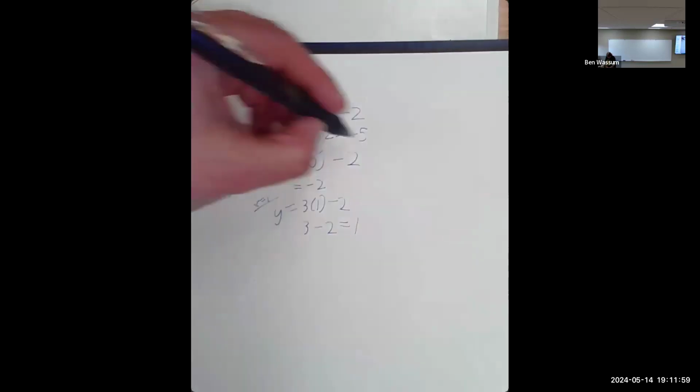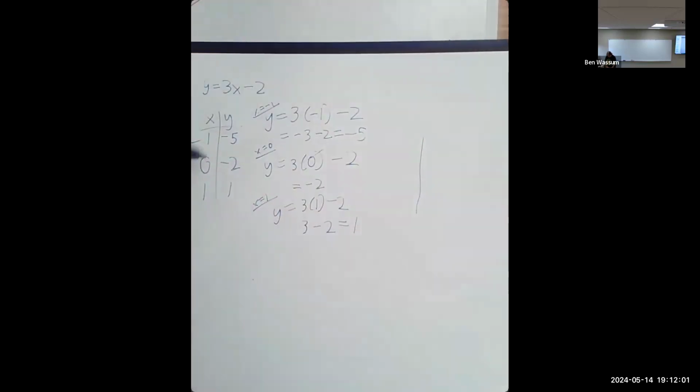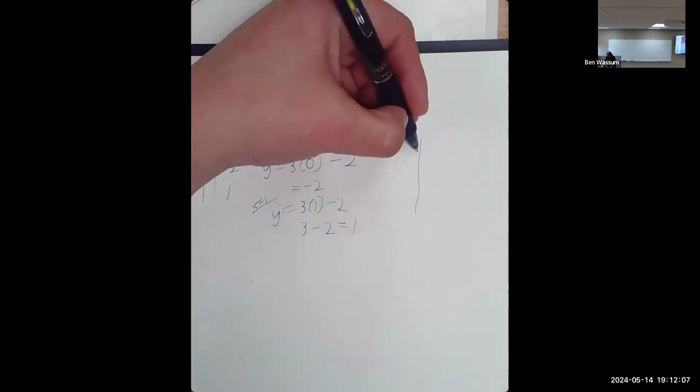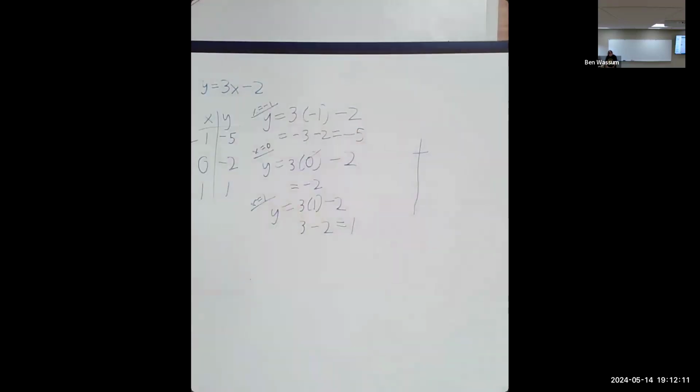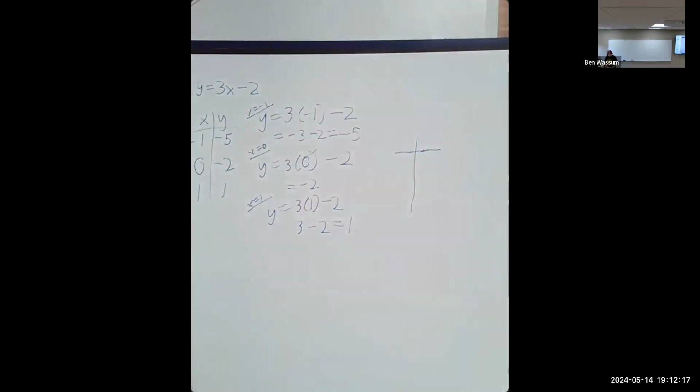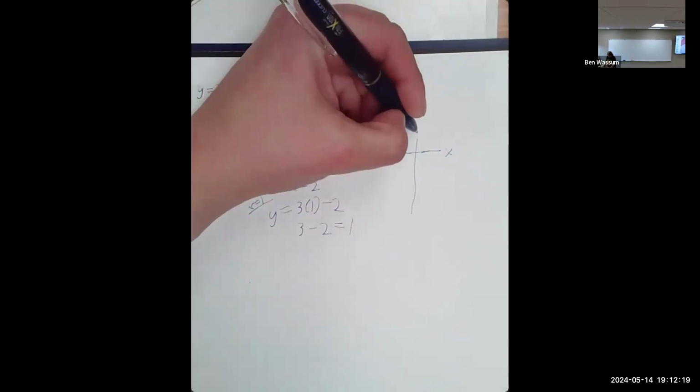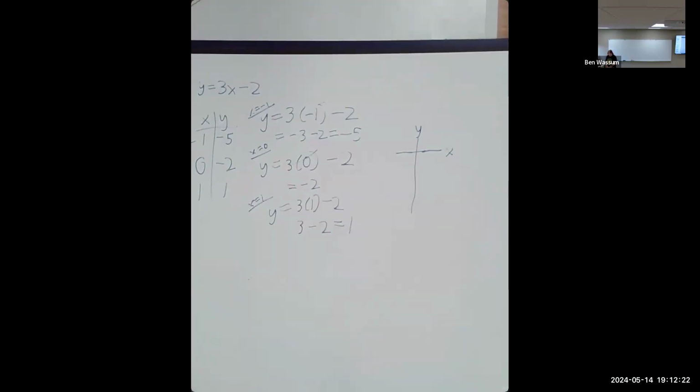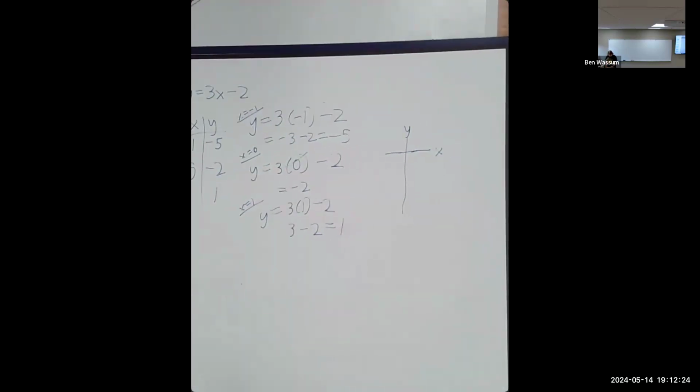Here's how I tend to do my graphs. My y-axis, I don't really care about the range between -5 and 1. So I'm just gonna make sure that like my axis is, I got a lot down here. My x, I'm just going from -1 to 1. I really don't need all that much room. That's my x, that's my y. Not too bad, yeah?